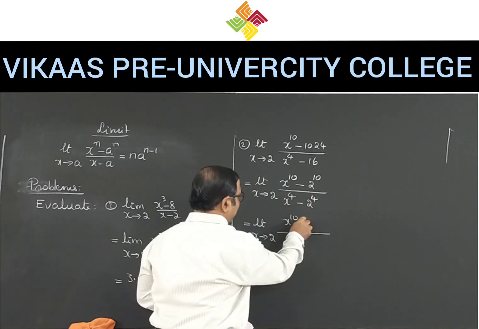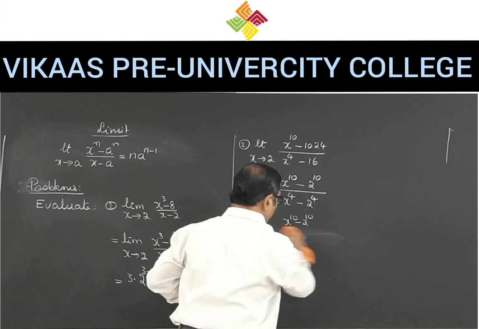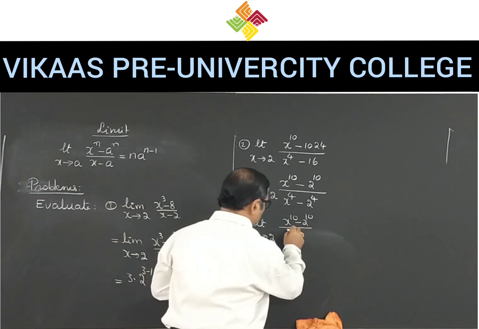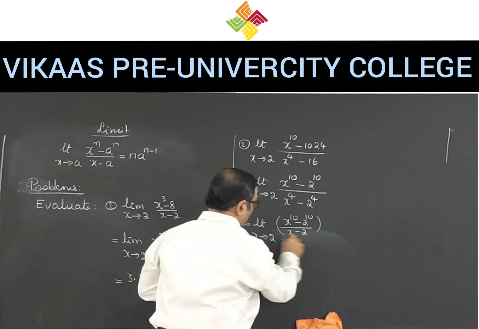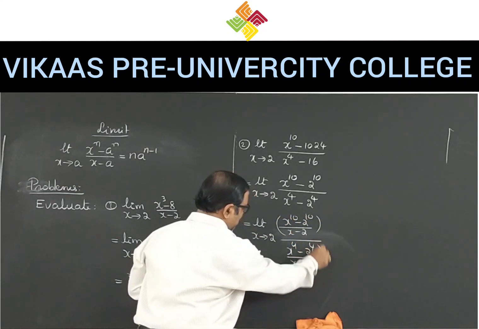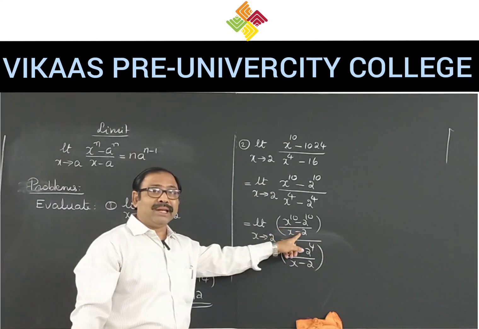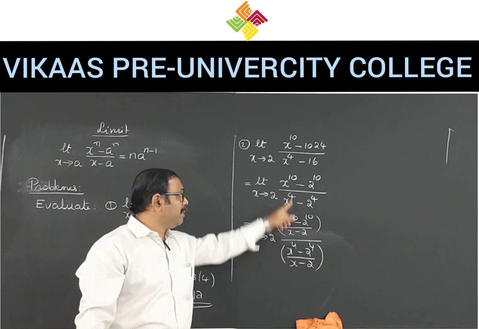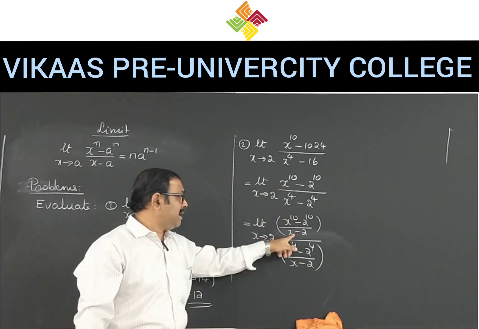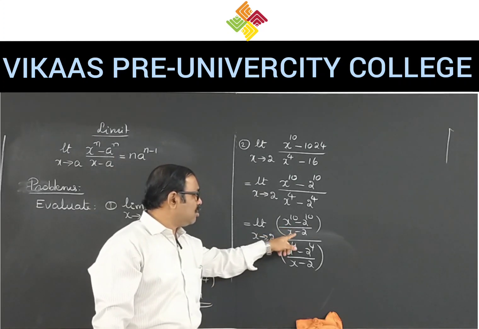Therefore, you write this as (x power 10 minus 2 power 10) by (x minus 2), whole divided by (x power 4 minus 2 power 4) by (x minus 2). What is this? You are dividing the numerator and denominator by x minus 2. Now, just look at the numerator.